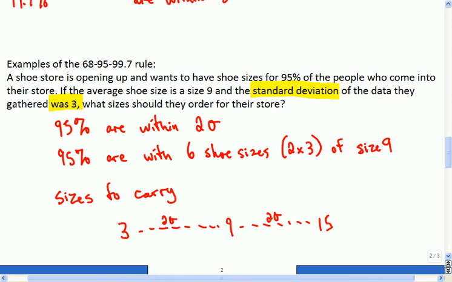If we carried shoe sizes from 3 to 15, we know that with 95% of our customers we'd be able to do business. 5% we can't, but I'm sure, anybody know people with oversized 15 shoe? Yeah, usually you got to go to a specialty store anyways, but this is how you can make those decisions in the real world, is you know that you got to make some sort of population. This is one quick and easy way to do it with standard deviation.